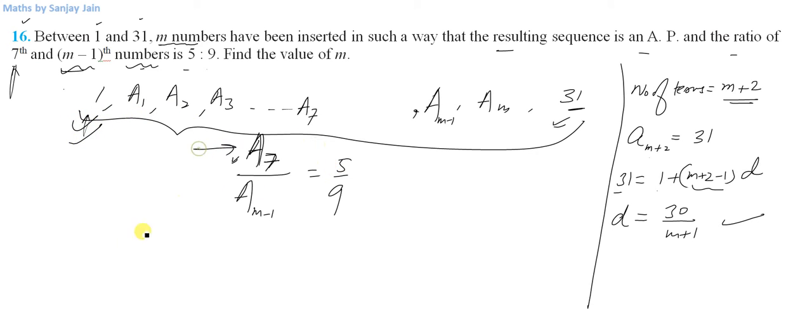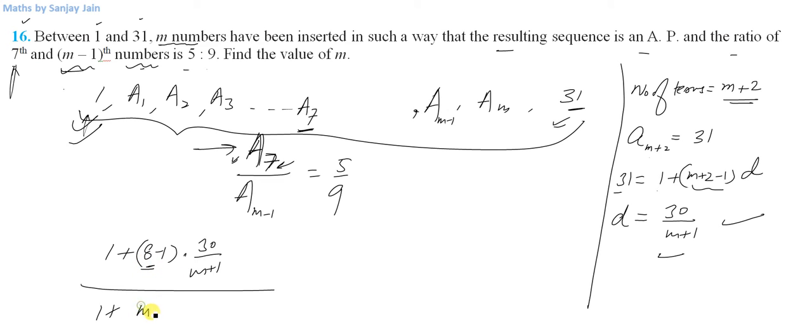So what is this term? This is the first term plus, this being the 8th term, I will write 8 minus 1 into the common difference, which is 30 by m plus 1, divided by 1 plus, here it was 7 and it came out to be 7 here. So obviously it will come out to be m minus 1 here into 30 by m plus 1.